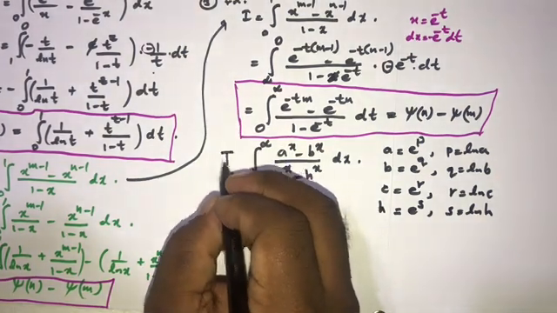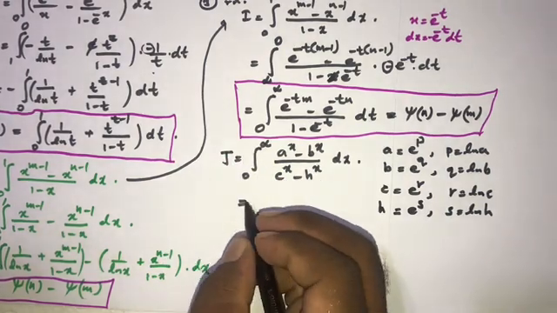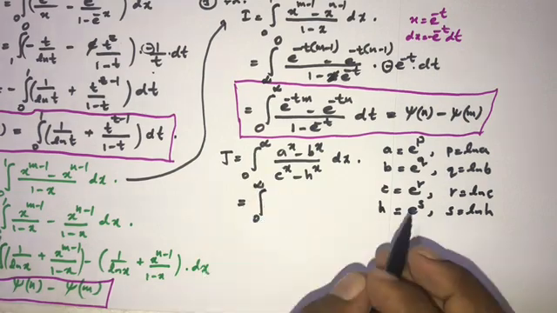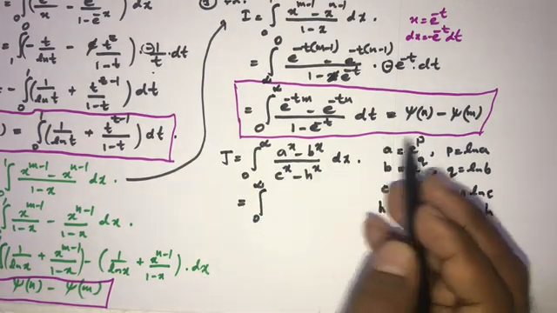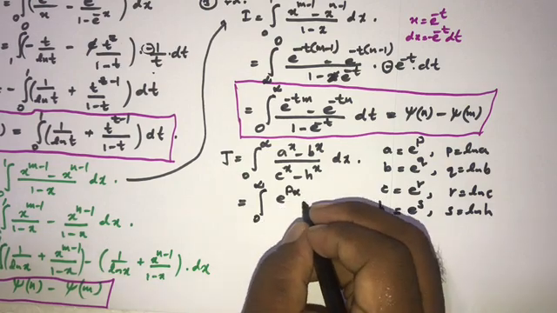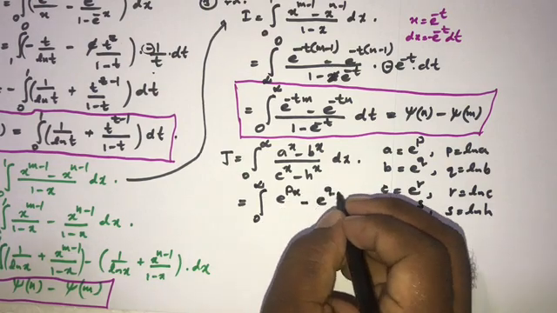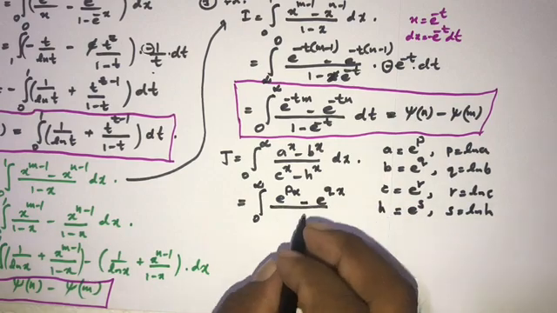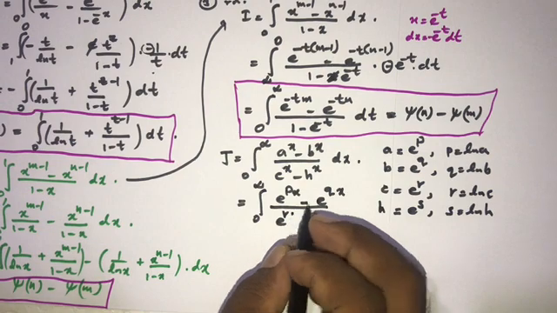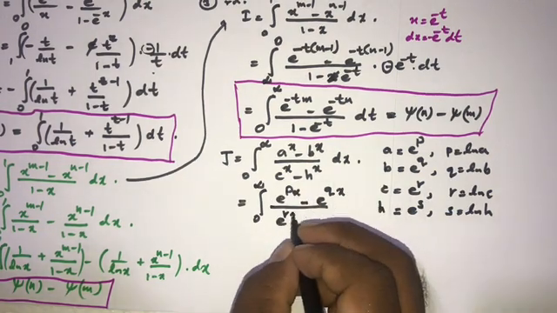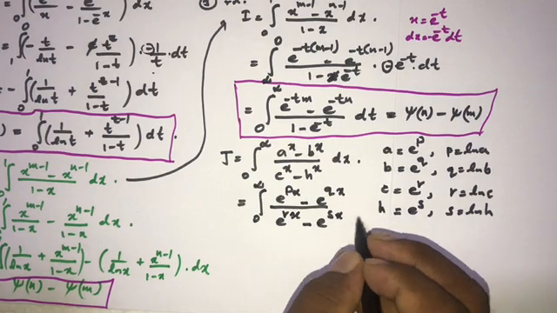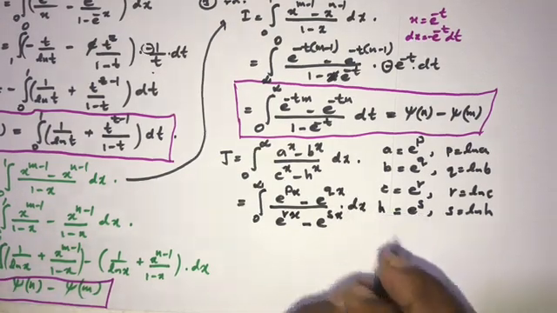I'm going to take this is equal to j, and this is equal to 0 to infinity. Now a is equal to e to the p, so we can write e to the px minus e to the qx over e to the rx minus e to the sx dx.